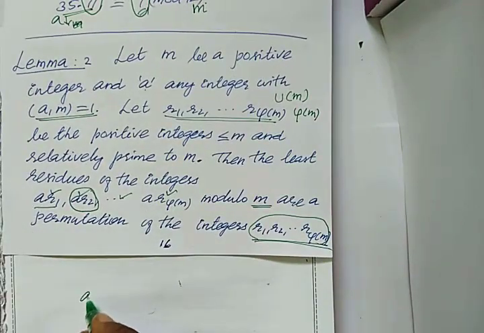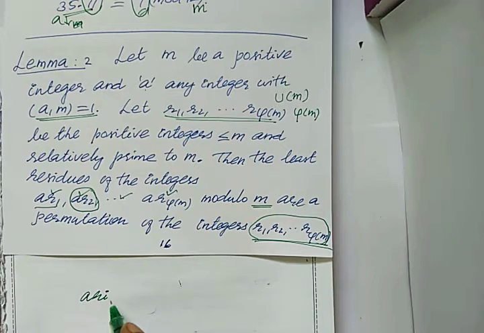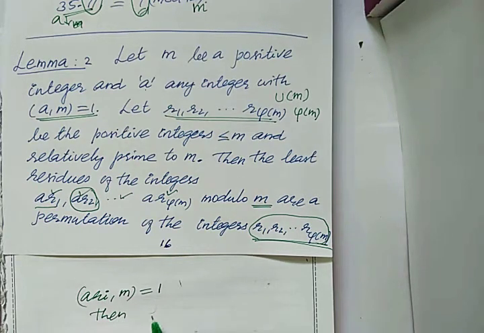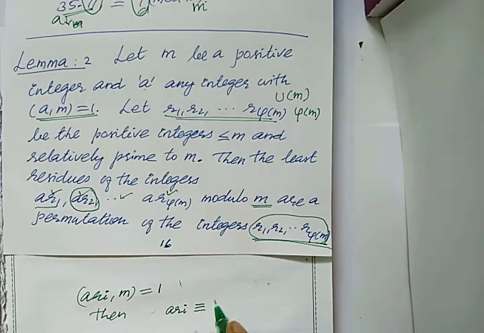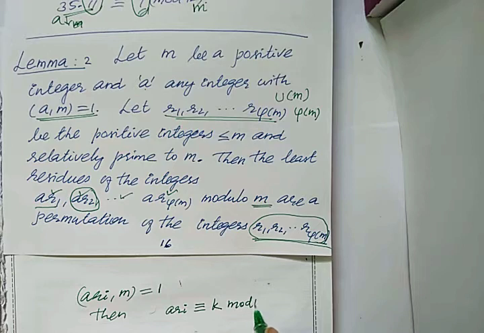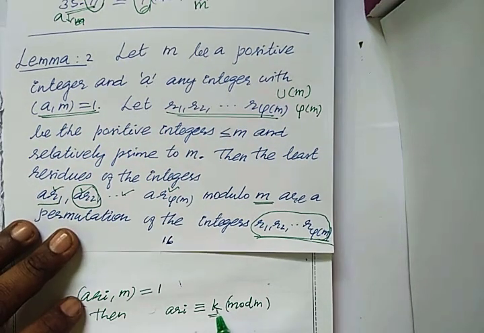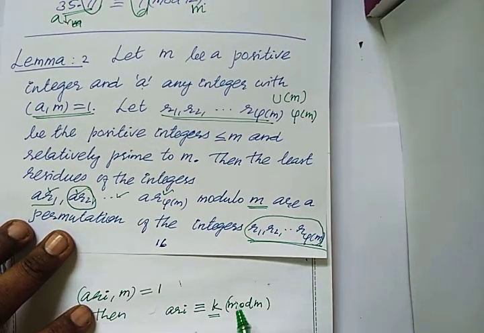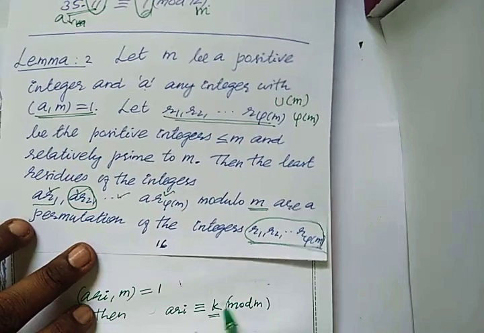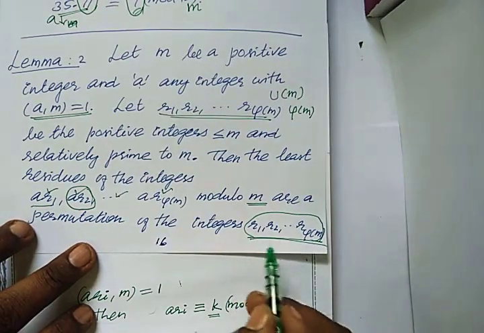See here, if ARi is relatively prime to M, then if you find ARi congruent to some K mod M, and assume that this K is the least residue modulo M, surely this K also will be in this set.